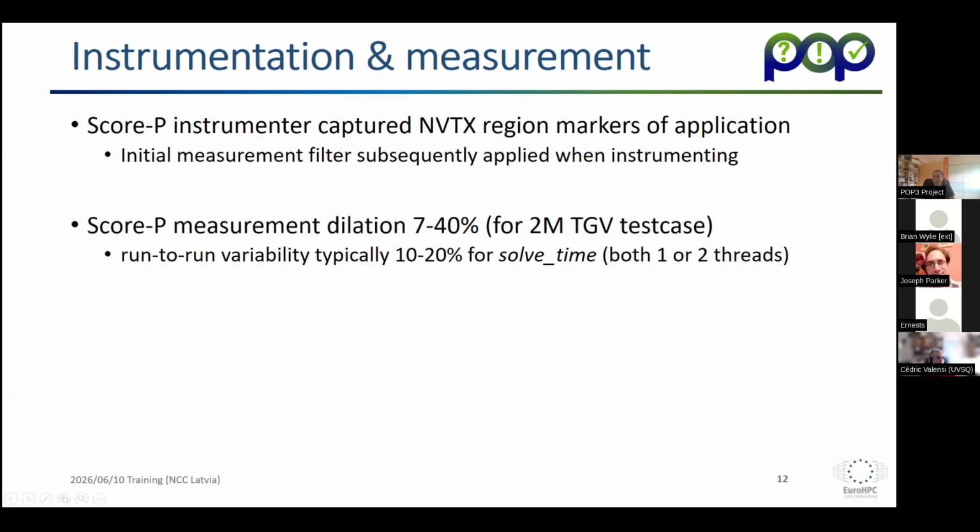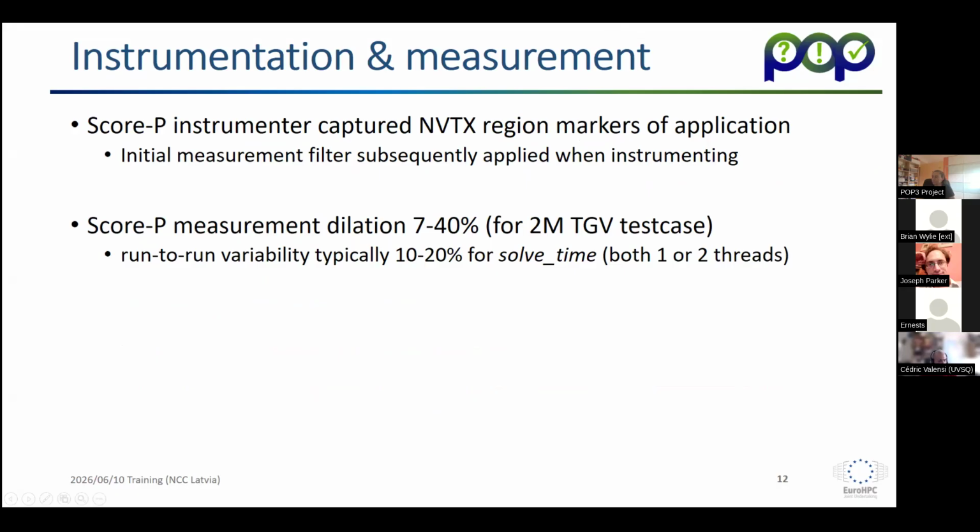We were able to use the information that the application provided in terms of regions which they had marked of particular interest. So those were the ones that we could capture and then use to structure the profiles and the traces that were collected. There was some mention about measurement overheads and dilation.